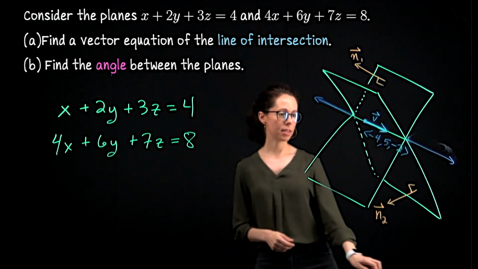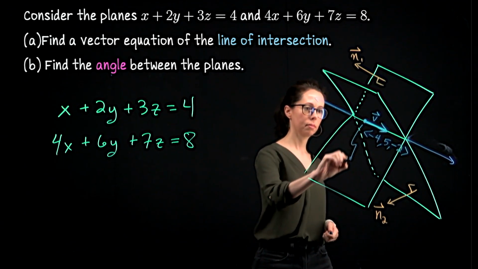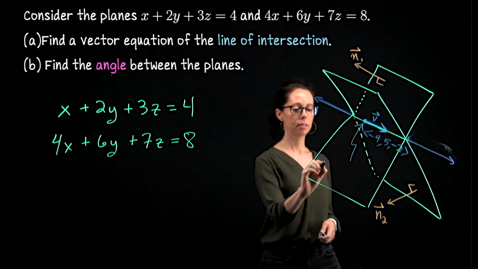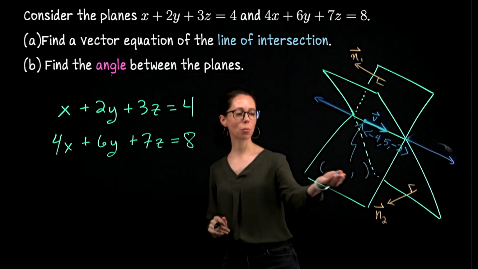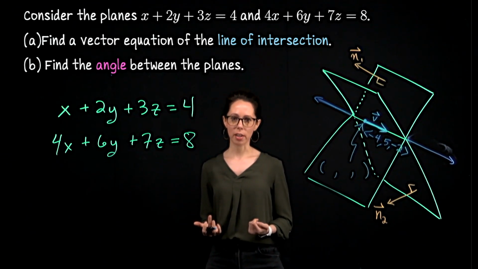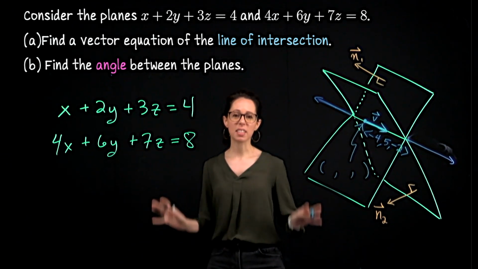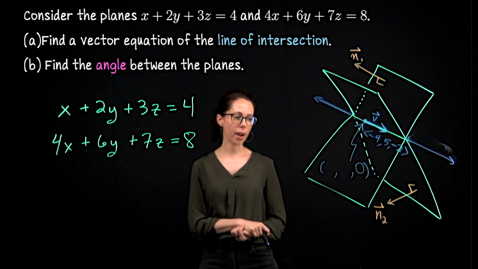So let me go ahead and start to fill in the information for this point. Okay, so that point's going to have x, y, z coordinates that we're going to work out. And what I want to imagine is that that z coordinate is 0. So I'm going to set z to be 0.